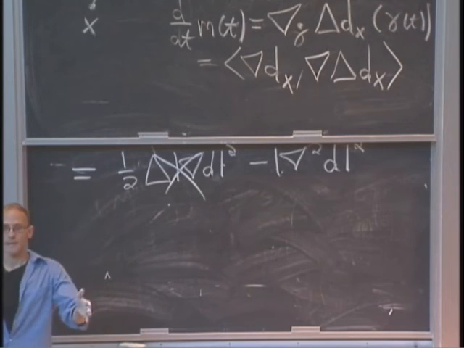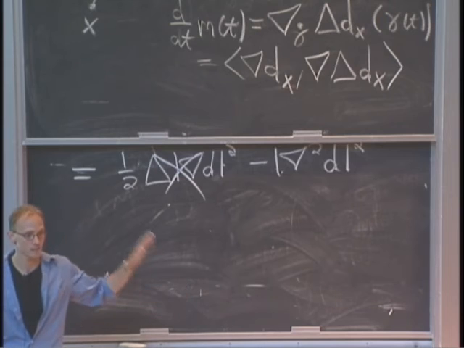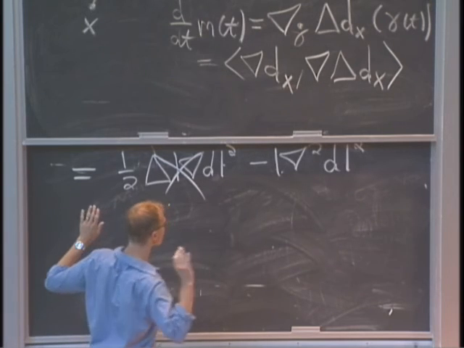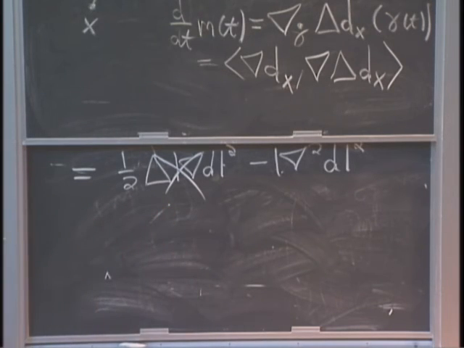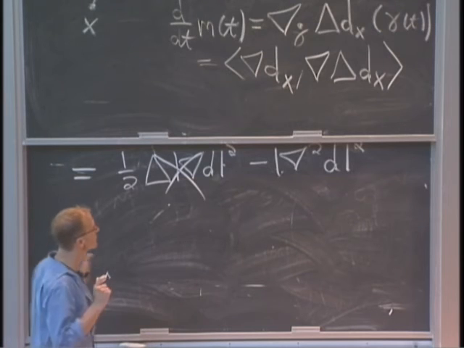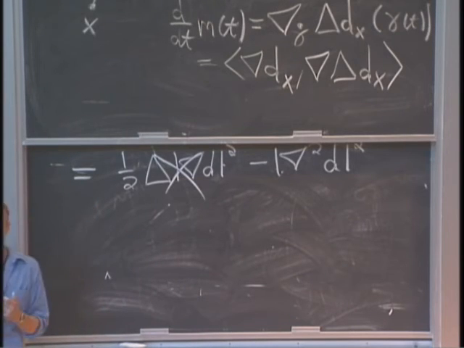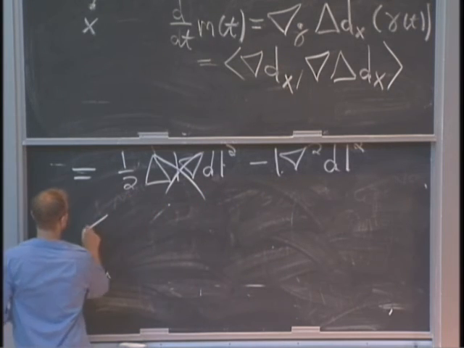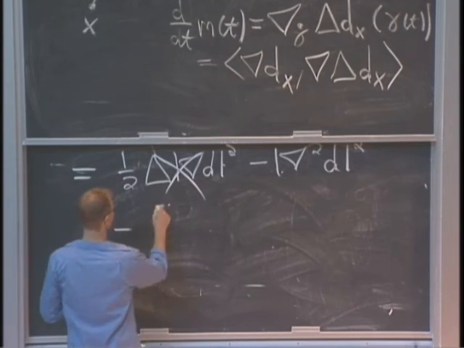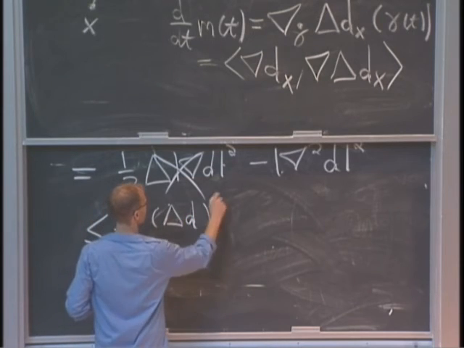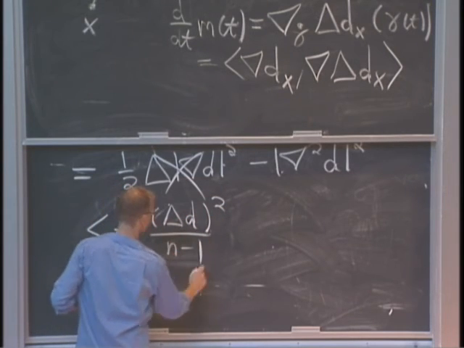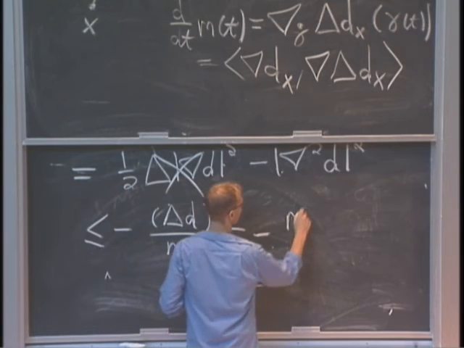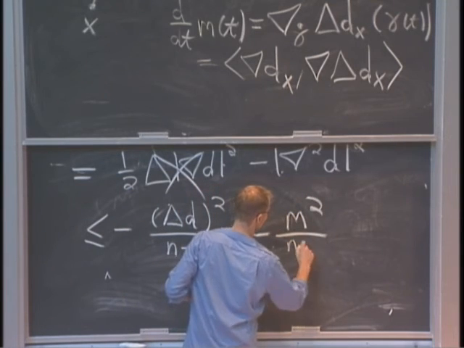And now what do you know about matrices? Just take an m by n matrix. Doesn't matter, right? The norm square of that matrix is always bigger than or equal to the trace of it squared over the dimension. Standard fact about matrices. So just apply it to this, and we get minus the Laplacian of the distance function squared over n minus 1. But what's this? This is just minus m squared over n minus 1.